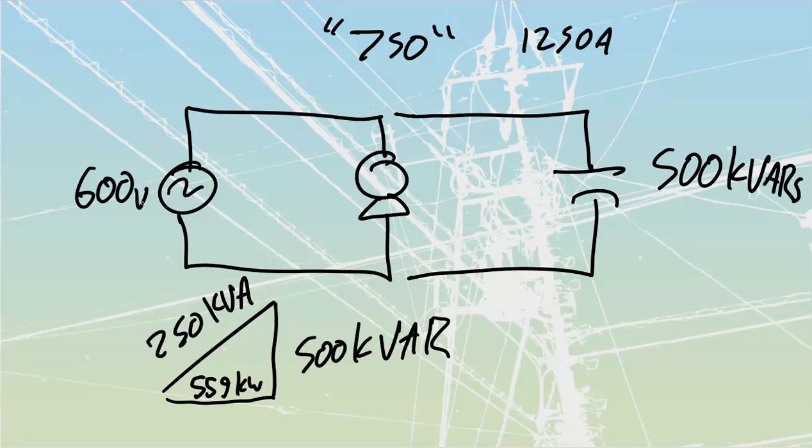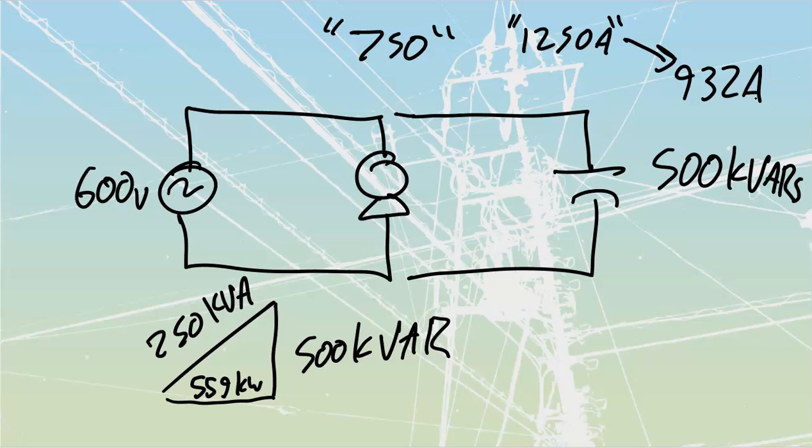Do that, 559 divided by 600 volts, and we come out to a value of 932. So we went from 1250 amps that we were supplying down to 932. That is a 300 amp difference. That's a pretty big deal, 300 and change. That frees up a lot of system capabilities for components to operate off of.